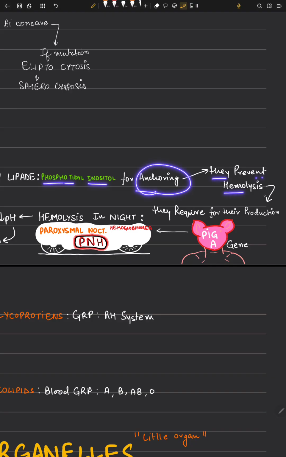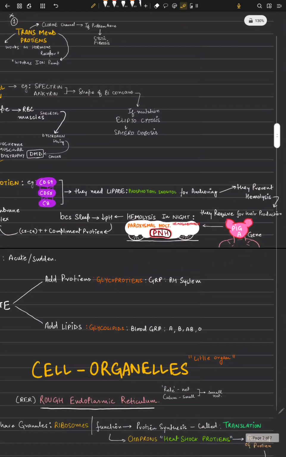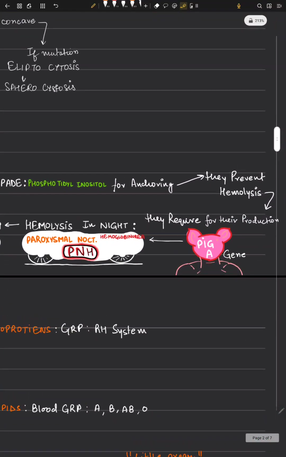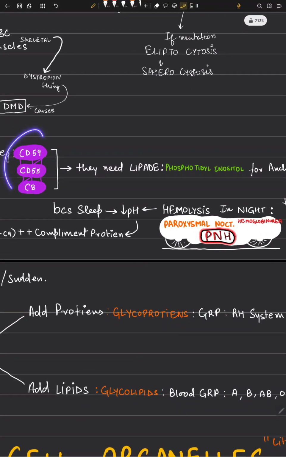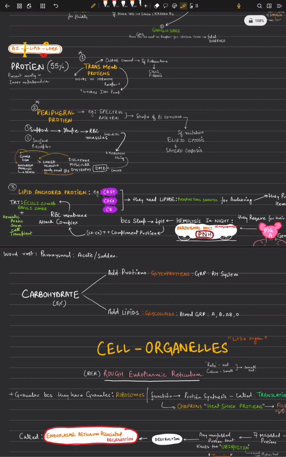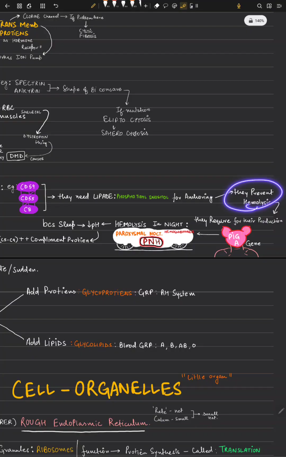They prevent hemolysis. Wait, let me explain this better. This is a nice concept. This chemical, CD59, CD55, C8, they prevent hemolysis.